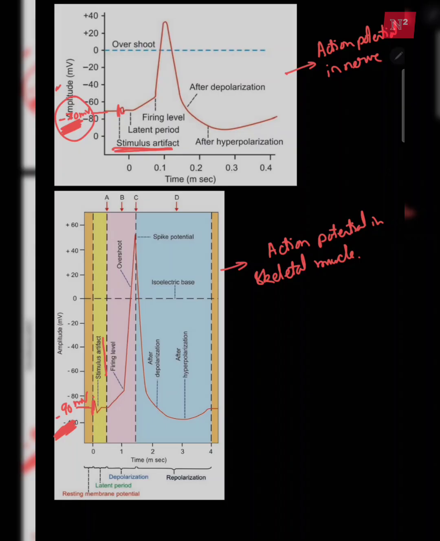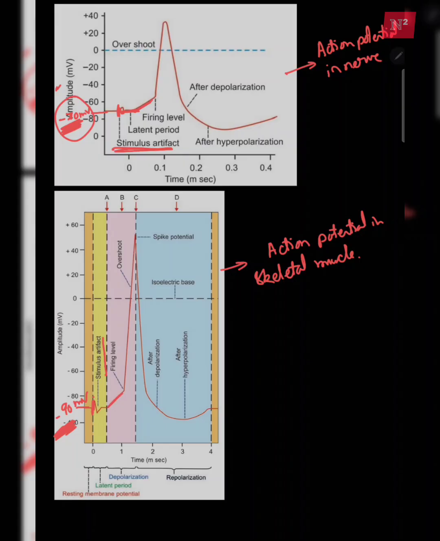Then the curve will be flattened for a few milliseconds. Then the sodium ions of the extracellular fluid will try to get inside. First a few sodium ions will come inside the channels and you will get a slight upward curve.